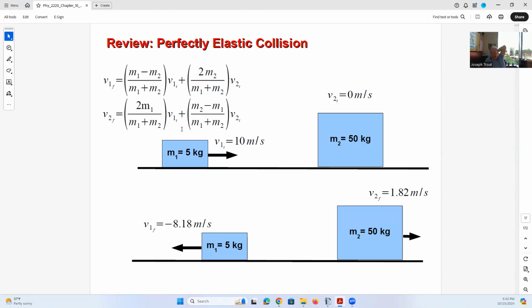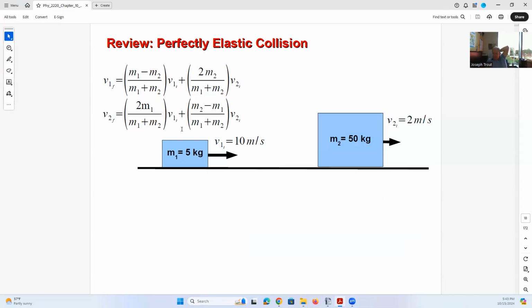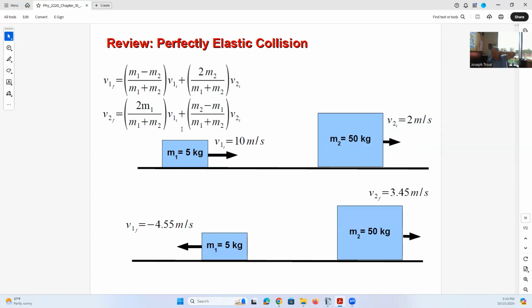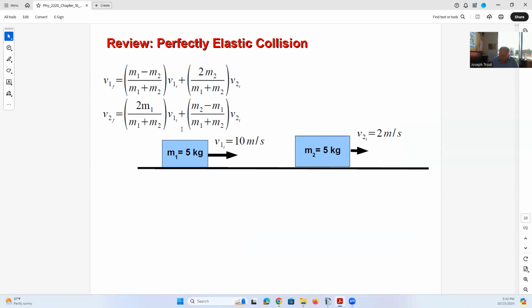So the mass comes in, it hits the second mass and bounces back, and the second mass moves forward. If the second mass was moving, we would find out that the second mass moves forward with about 3.43 meters per second, and the first mass moves backwards.